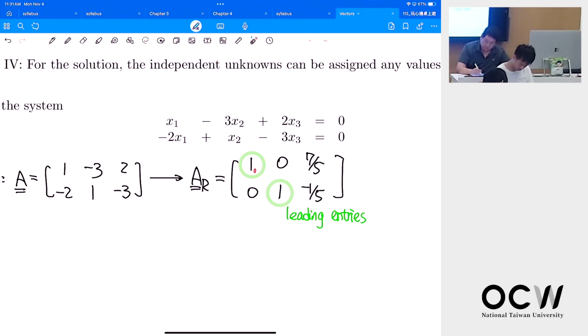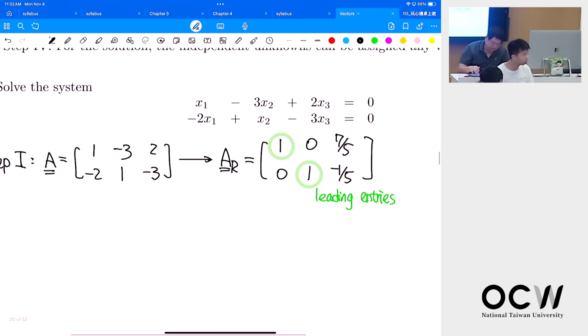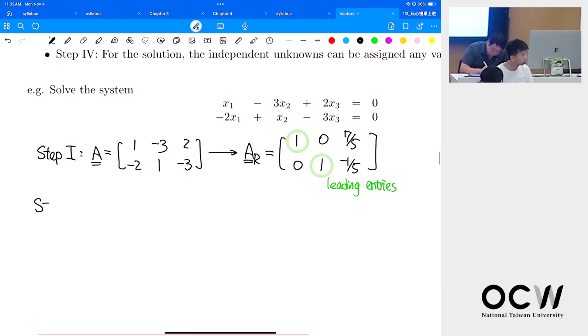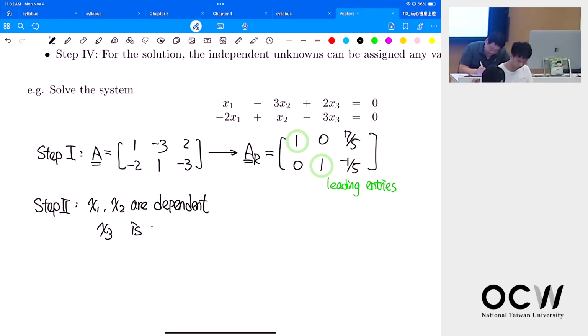You can also think that x1 will be minus 7 over 5 of x3, and x2 will be something times x3. Since I have a leading entry, that means x1 and x2 are dependent because they depend on x3. x3 is independent because we don't have a leading entry for x3.